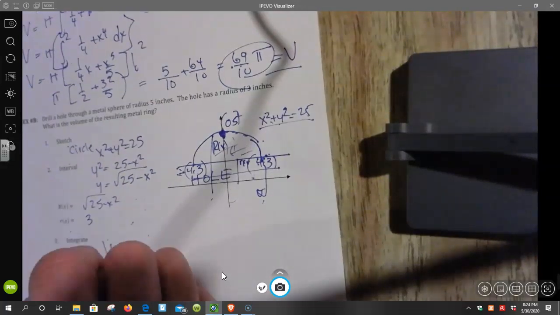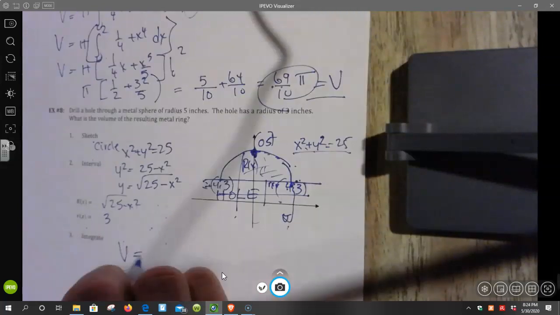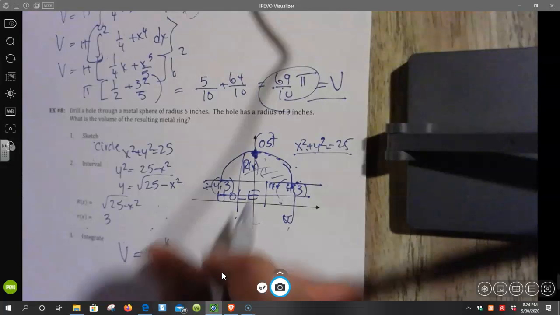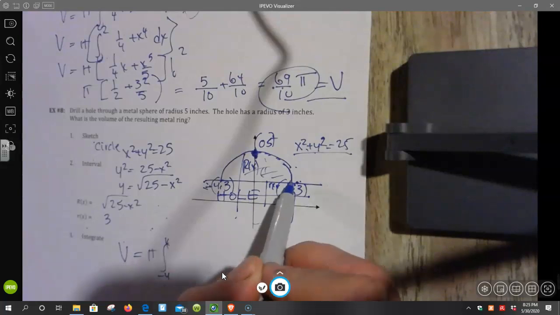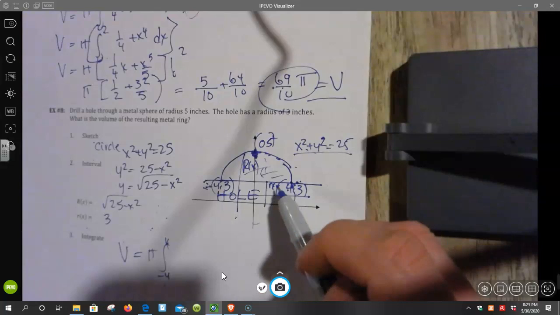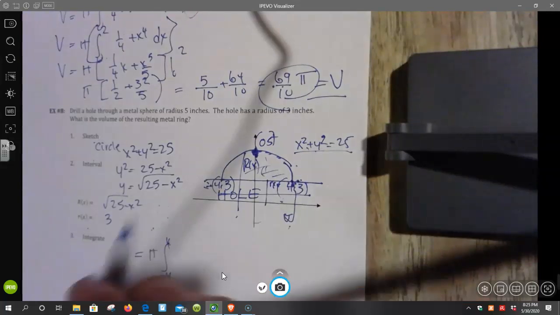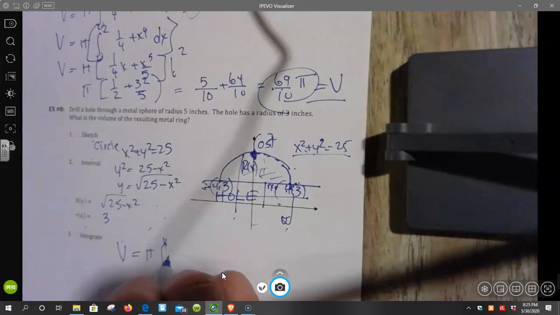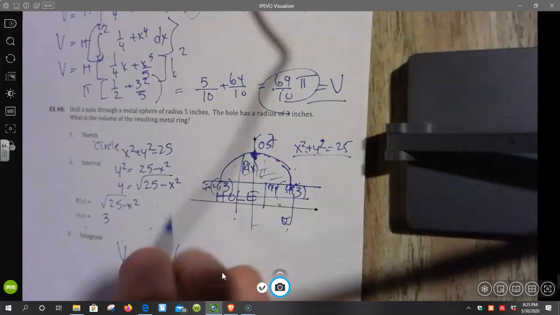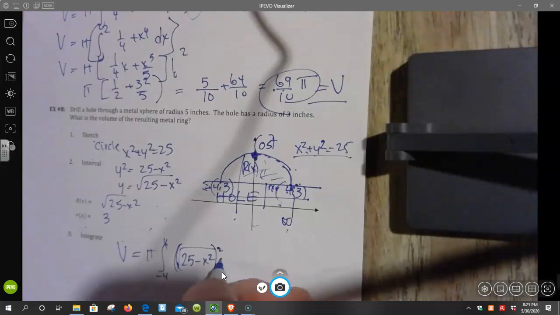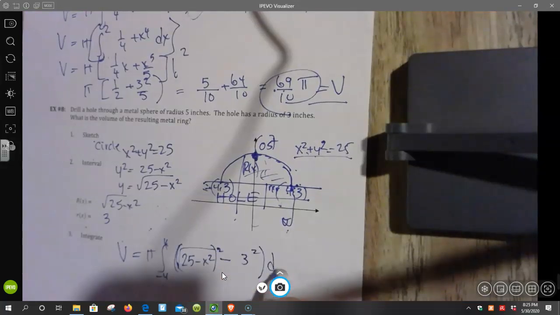So the volume is going to equal pi times the integral from -4 to +4 with respect to x. And we're going around, yes, we're going around the x-axis. So it's going to be pi, outer radius, square root of 25 minus x squared, squared, minus 3 squared dx.